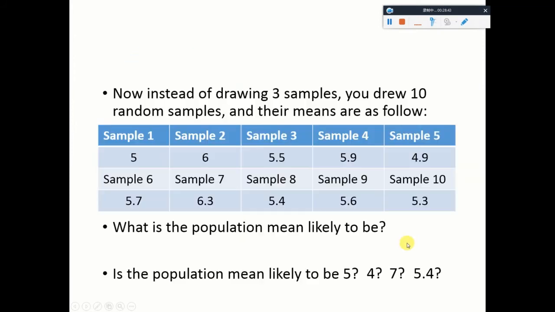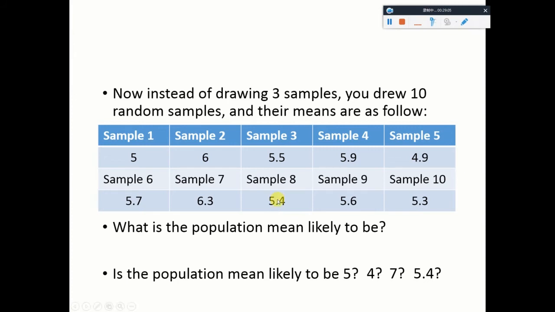So compared to 5, 4, 7, we should probably say that 5.4 is a more reliable guess about the population mean. If you make this guess, then again, congratulations. You understand even better the logic of statistical inferences.